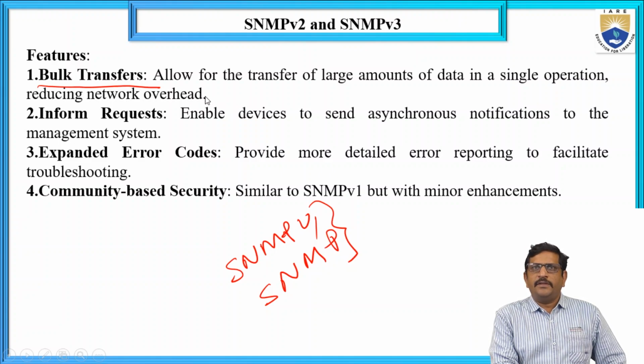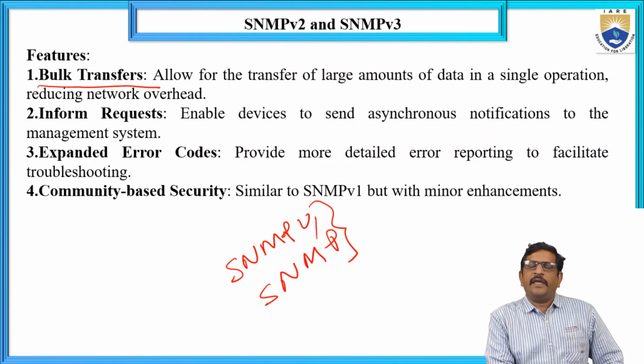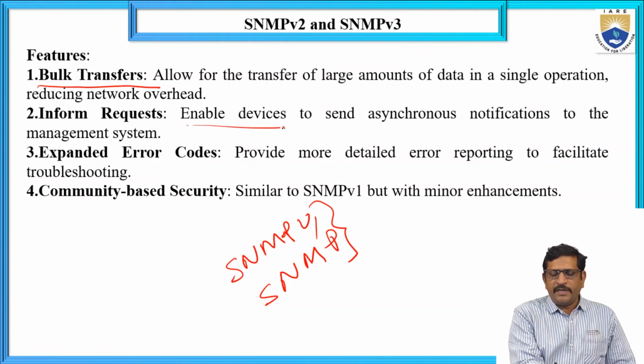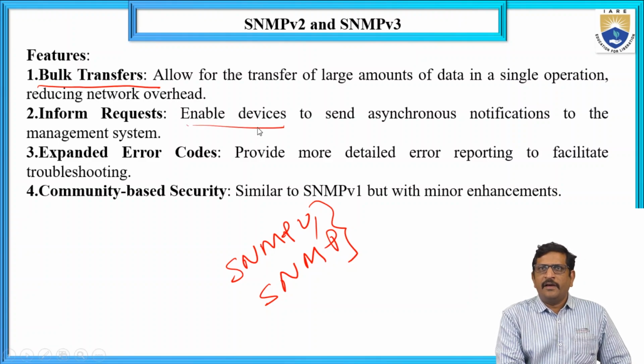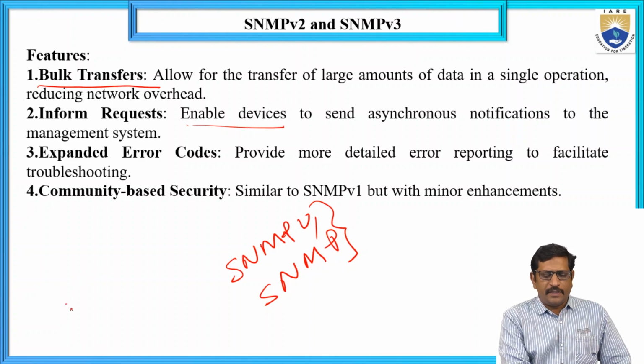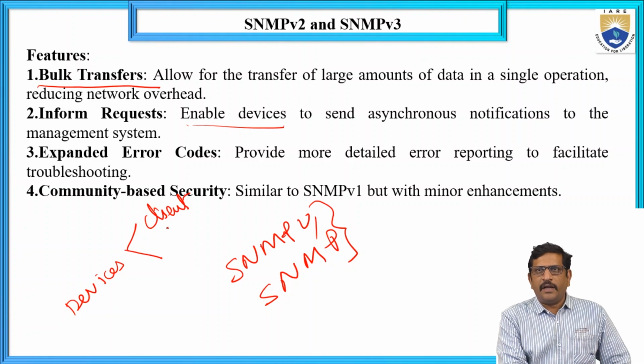Next is the inform request. The inform request feature enables the other devices. Generally, we take a client device and another device, which is a server device.